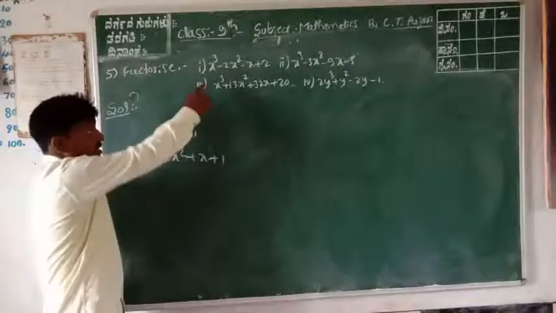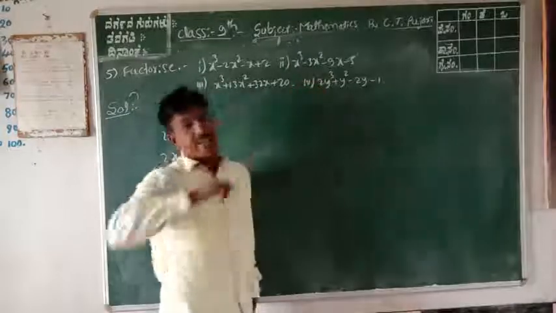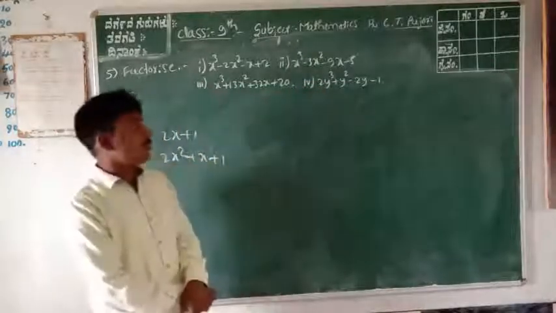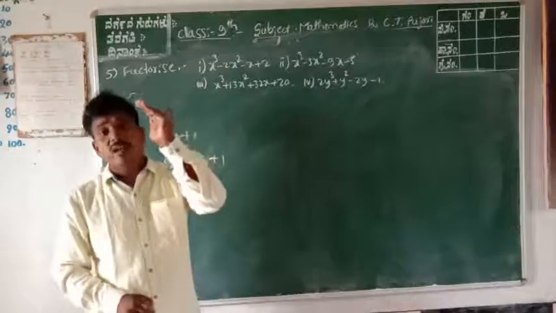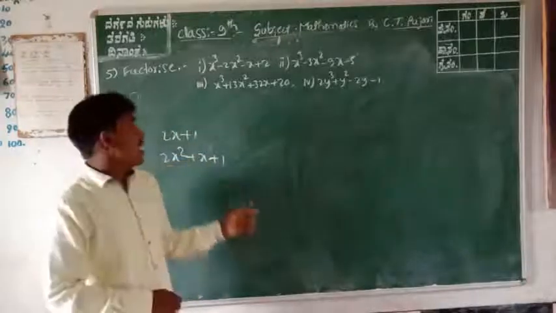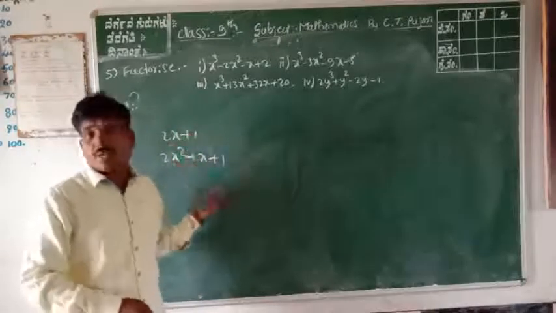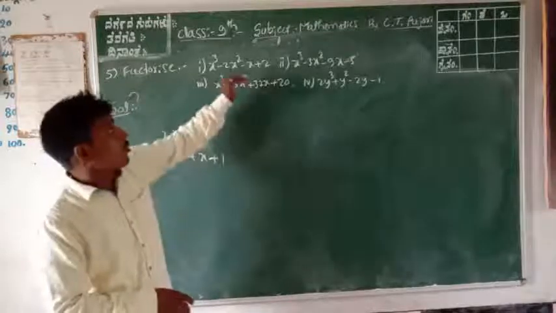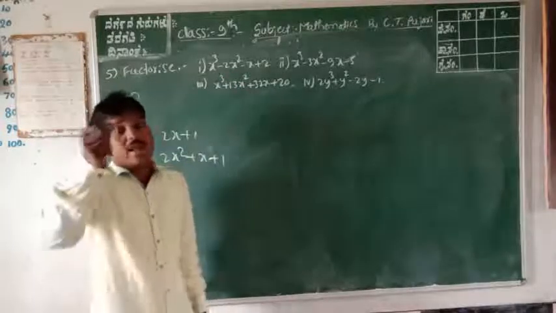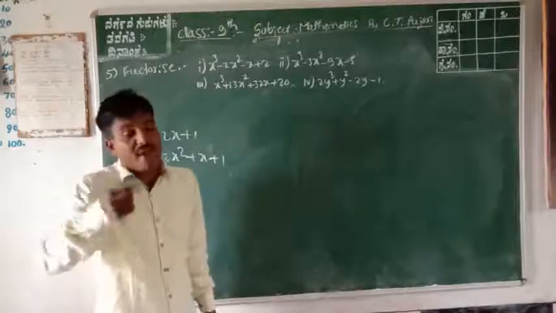These are all cubic polynomials. Quadratic is very easy, but for a cubic polynomial you find the factors by the factor method.